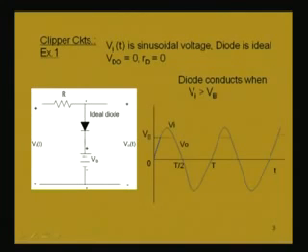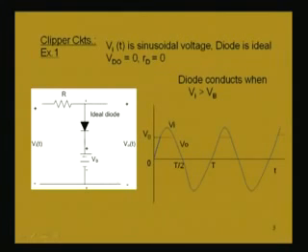When the diode conducts, what will be the voltage across these 2 points, that is, V naught t? Since we are assuming the diode is ideal, the diode drop is 0 and the resistance of the diode is also 0. So this voltage V naught, with this point higher than this point, that means with these polarities, what will be the voltage V naught?